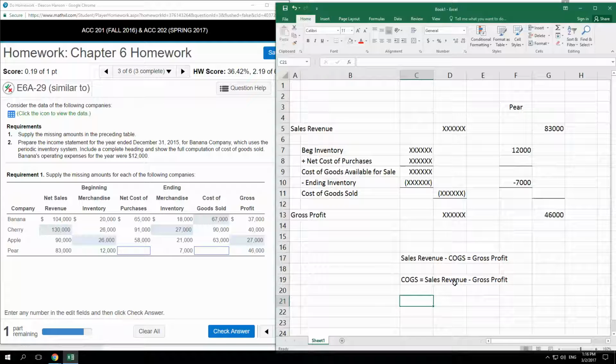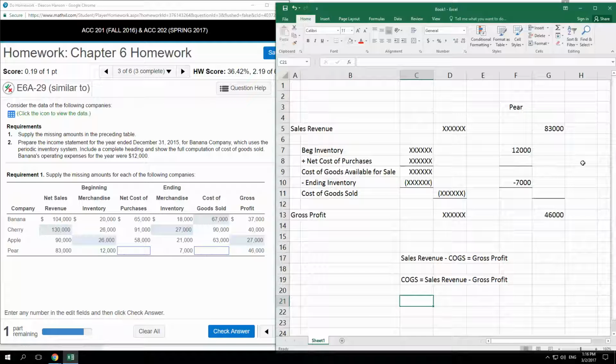Because we'd need to move gross profit to this side of the equation and combine it with sales revenue. So when we move gross profit over, we're subtracting it from sales revenue. And then when we isolate cost of goods sold on one side, we move it to the right over here. It's going to make it positive, and that will do the same thing. Then we can flip-flop the equation this way.